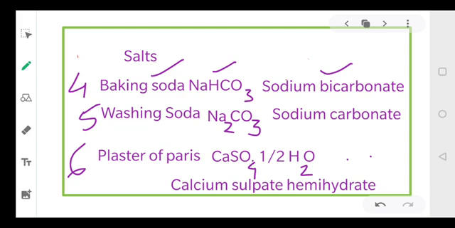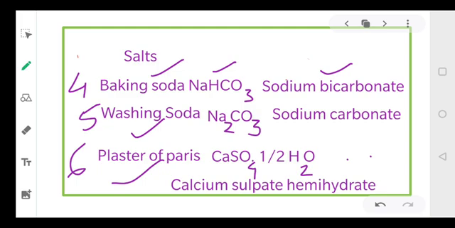Okay, next salt is washing soda. Washing soda, as the name suggests, it is used in washing. The formula is Na2CO3 and it is called sodium carbonate. Then is plaster of Paris, that is POP. I hope you have heard this name again. Have you heard? We use it on our walls, isn't it?